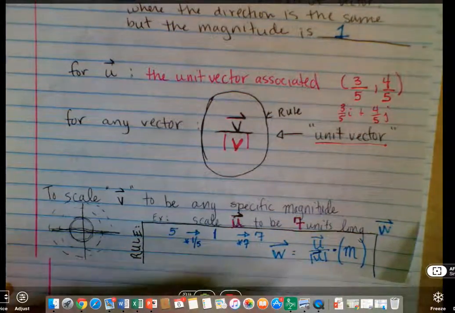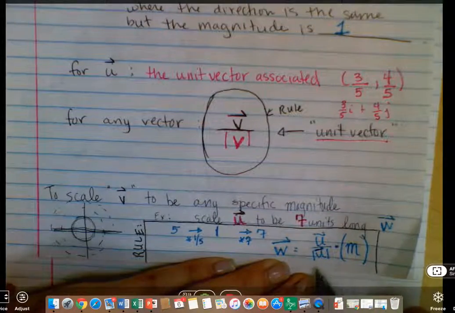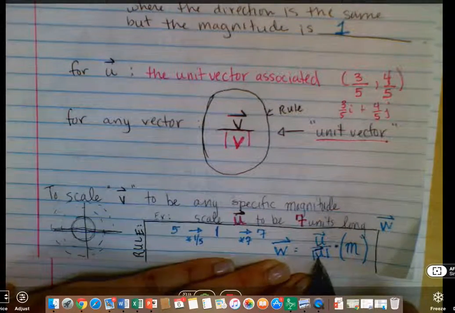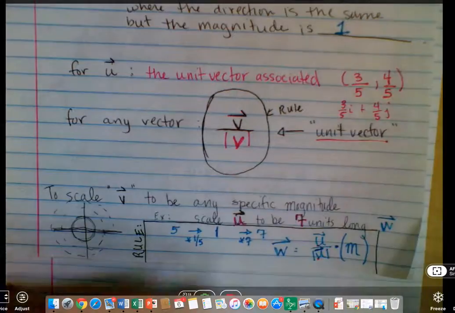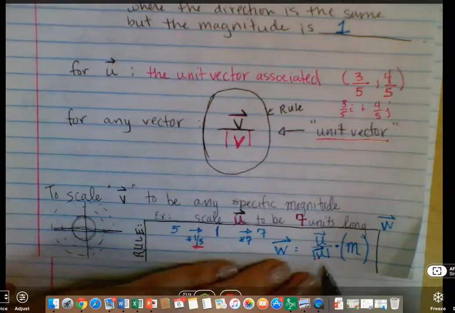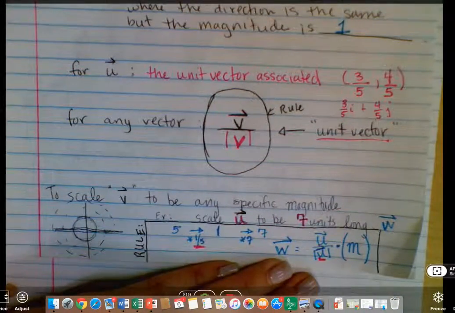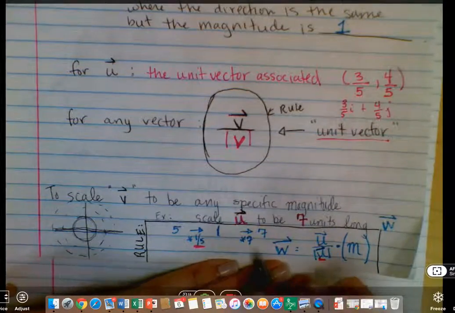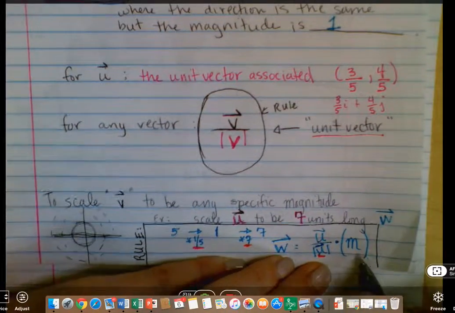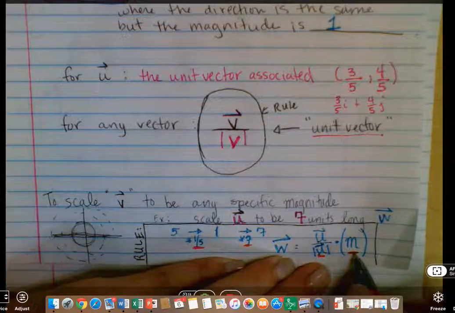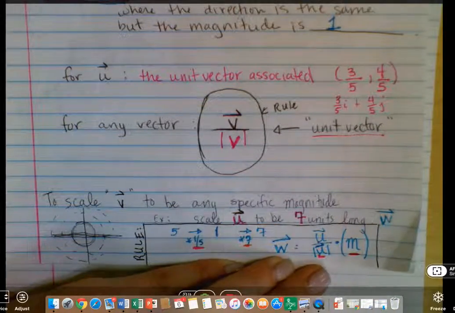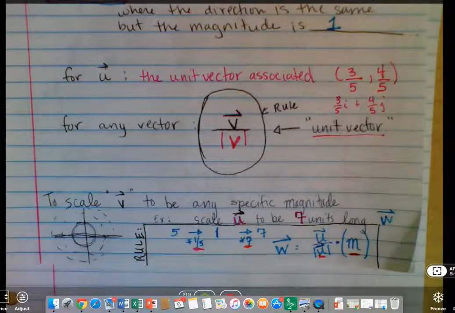So this is our original vector, scaled down by the magnitude. That's this step right here, and then scaling back up to the magnitude I'm interested in would be this term, m. We're going to do some examples of that here in a little bit. For now, though, just make sure you have that rule in your notes.